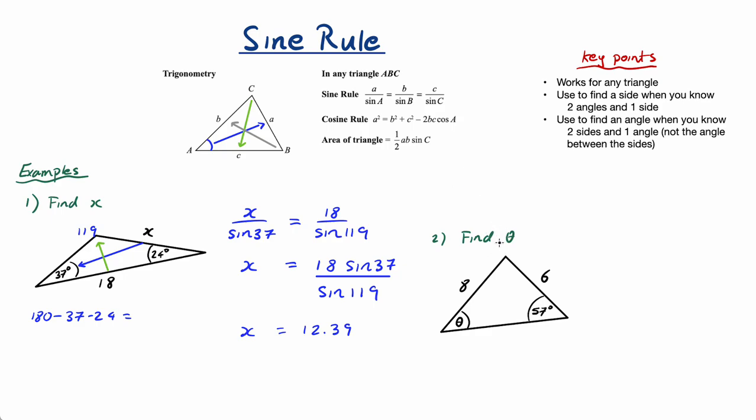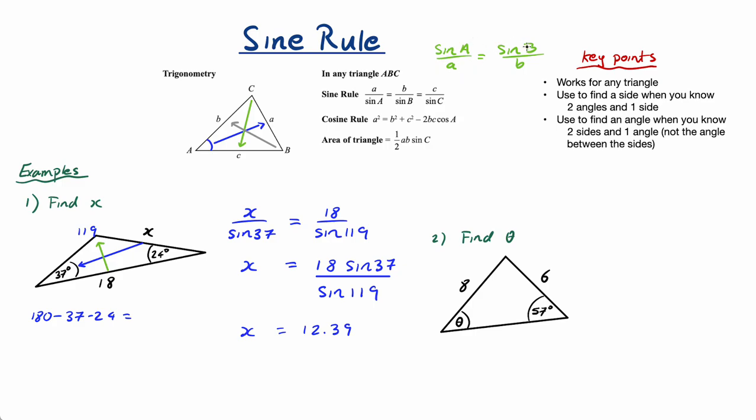Okay, now this is for when we're trying to find an angle. To use to find an angle when you know two sides and one angle, but not the one in between. So I have this angle. Now it's worth noting, guys, if you rearrange the formula, you can write this as sine A over a equals sine B over b, and sine C over c.